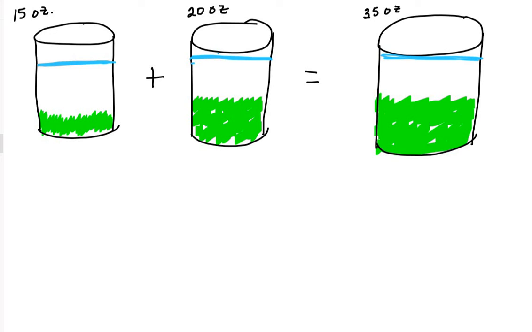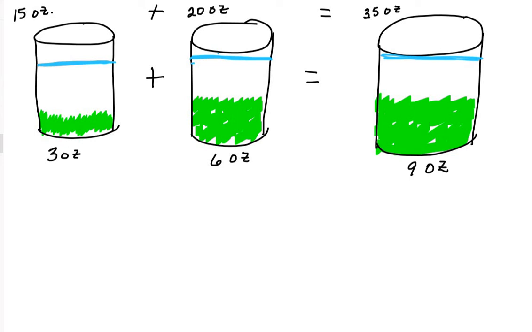Now let's say in my first beaker I have 3 ounces of the green stuff, and in my second beaker I have 6 ounces of the green stuff. Then that means all totaled I have 9 ounces of the green stuff. So I've got one equation up here, 15 plus 20 equals 35. That's based on the total amount of stuff.